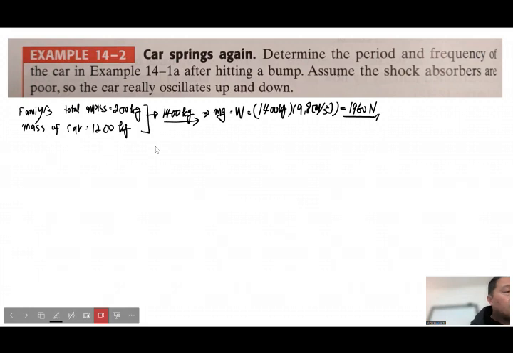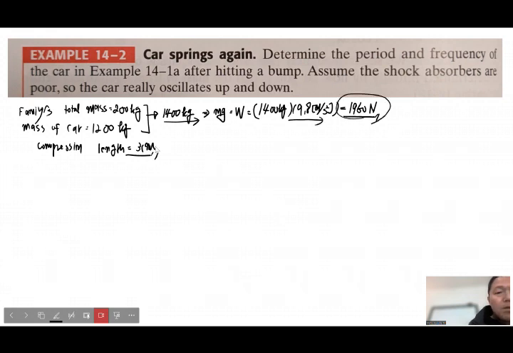So now the compression length is also one of the conditions. Compression length is 3 centimeters. From that, we can figure out the spring constant. The maximum compression length is 3 centimeters with this amount of force.